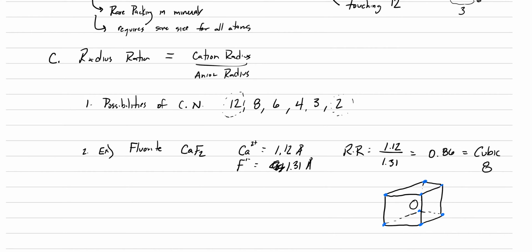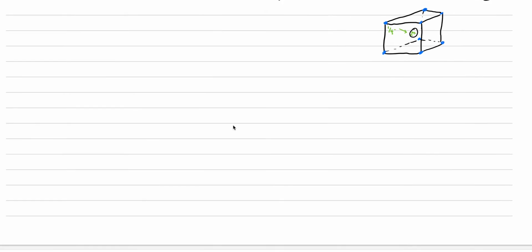Things have to electronically balance, right? So each fluorine 1- gives 1/4 of a minus charge to balance off the 2+ sitting in the middle. That's all really important chemistry information that we can learn about minerals just from doing coordination number.